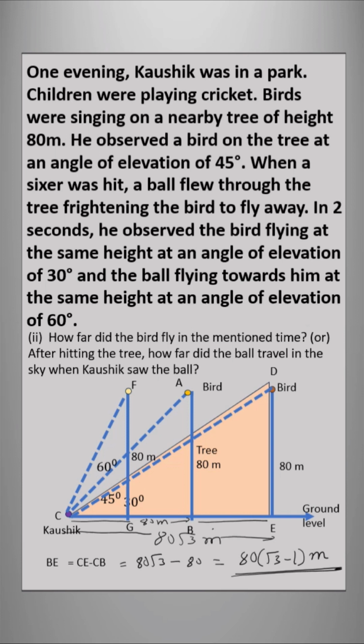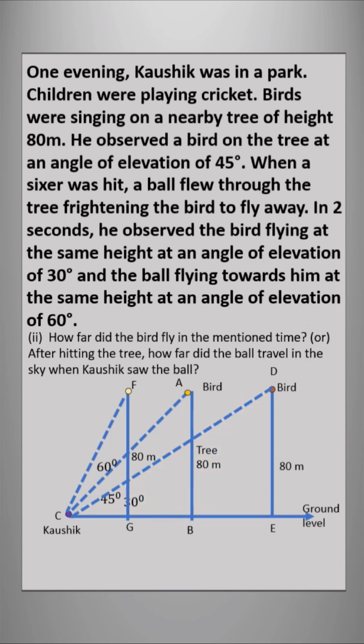So the bird flew in the mentioned time by 80 into root 3 minus 1 meters. Distance from here to here is 80 into root 3 minus 1 meters.